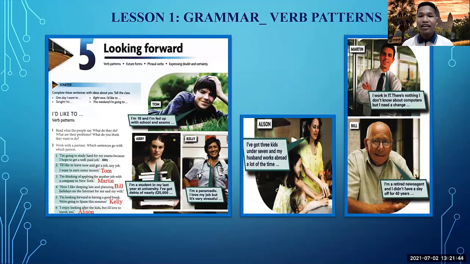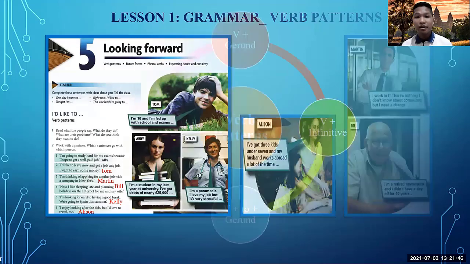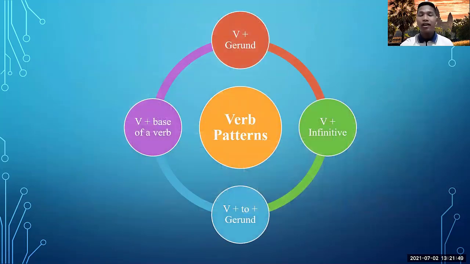Let's get started on our grammar lesson. As mentioned, today's lesson is mostly focused on verb patterns. As you can see in the picture here, there are 4 types of verb patterns.